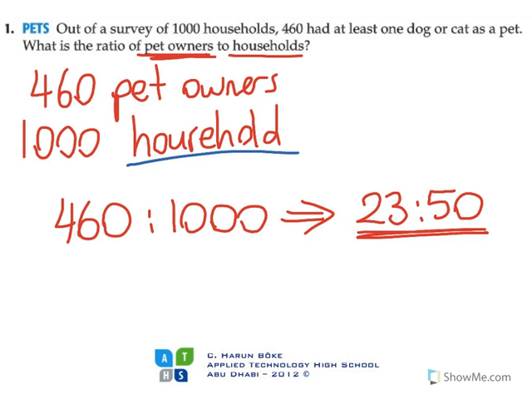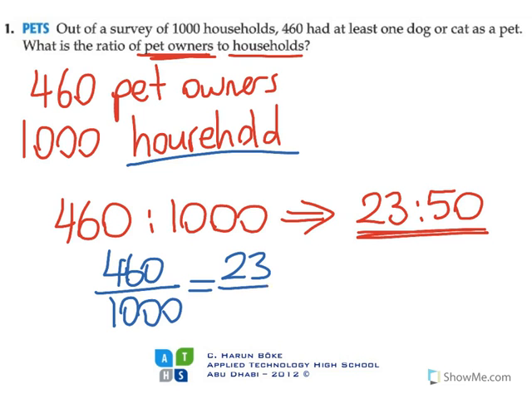Now, instead of finding a decimal, we prefer to simplify and write these two numbers in the ratio. How you can find this is, you can just type 460 over 1,000 in your calculator, and if it's a new calculator, you should get 23 over 50 when you press the equal button.